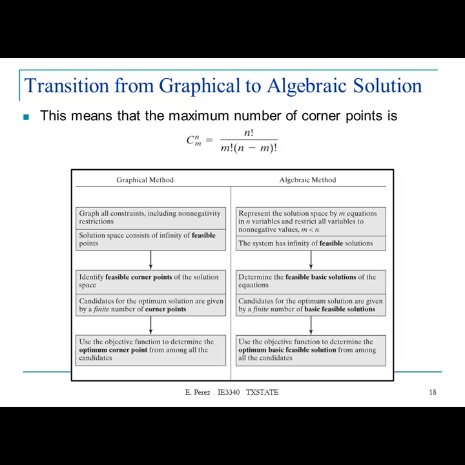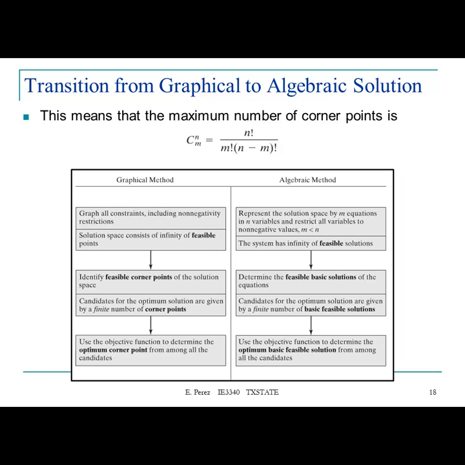Again, those basic solutions relate to the corner points of your graphical method. Then, the second thing that you do in the graphical method is to identify the feasible corner points of the solution space. The candidates for the optimal solutions are given by a finite number of corner points. So again, we know that the optimal solution is one of these points.